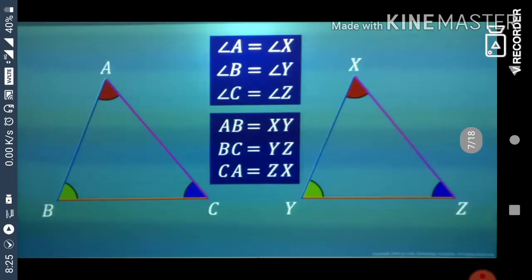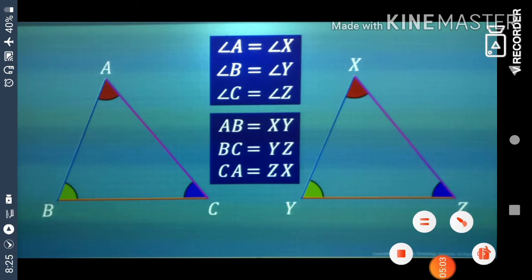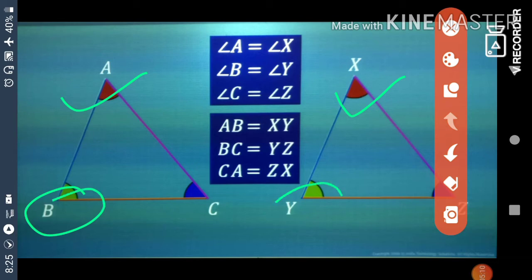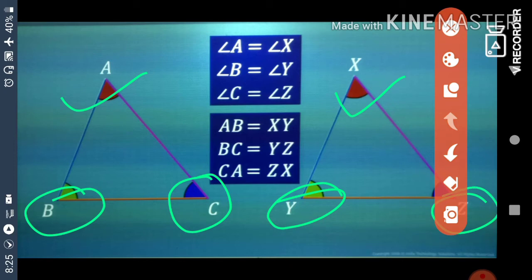You can see here the first criteria, where angle A equals angle X. In the given figure, this angle A is equal to angle X, shown by red, then angle B is equal to angle Y, and the last angle C is equal to angle Z. It is written here also.